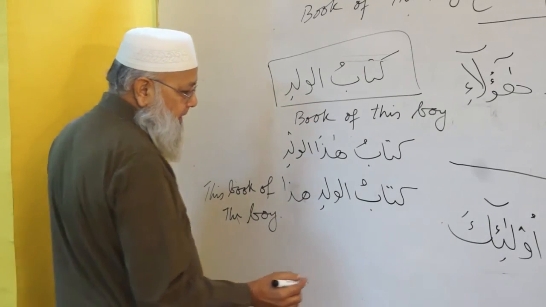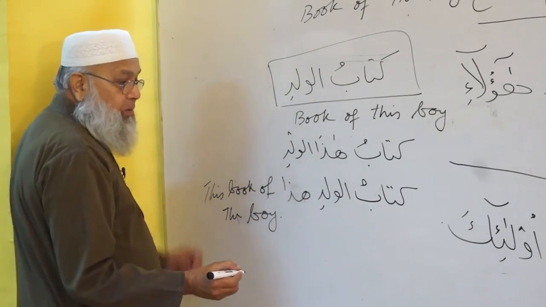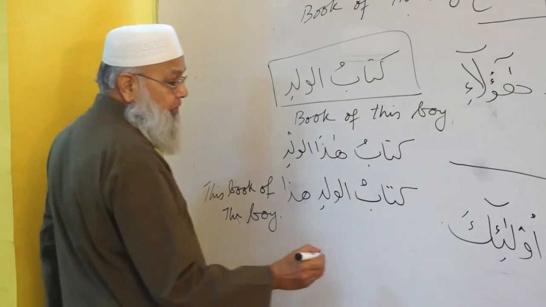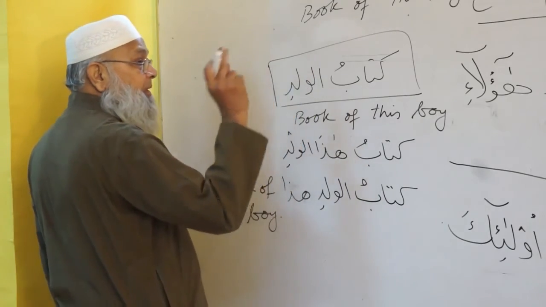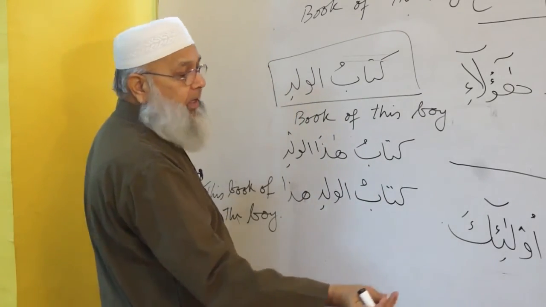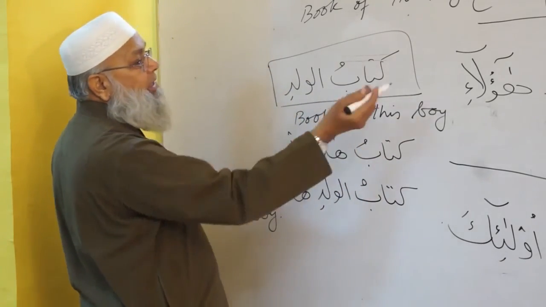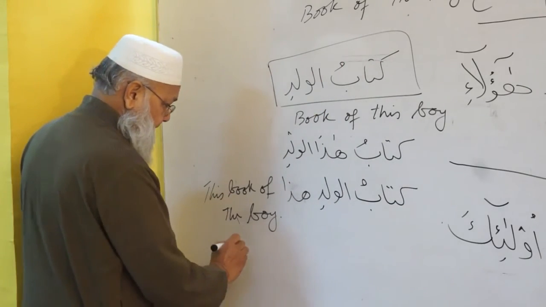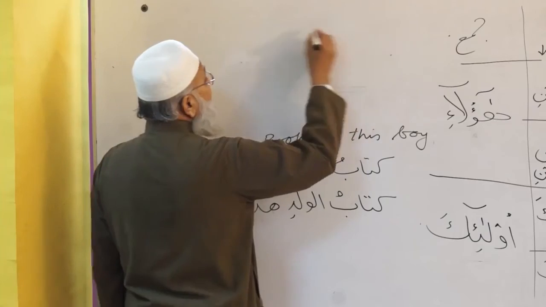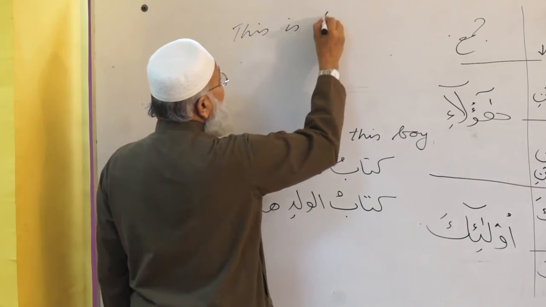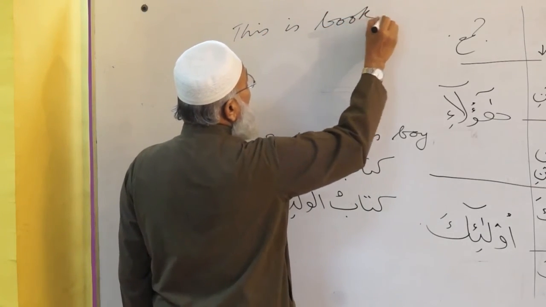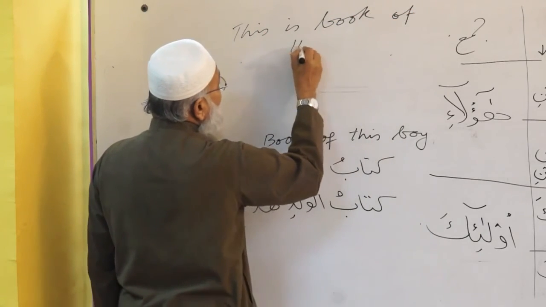Then the other possibility is you want to say this is book of the boy. That means this is the subject and book of the boy is the predicate.